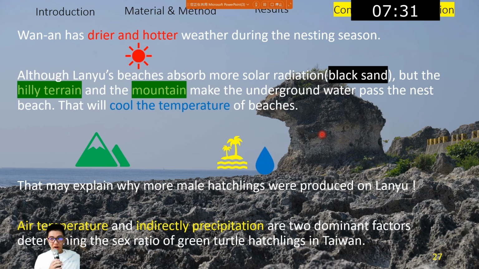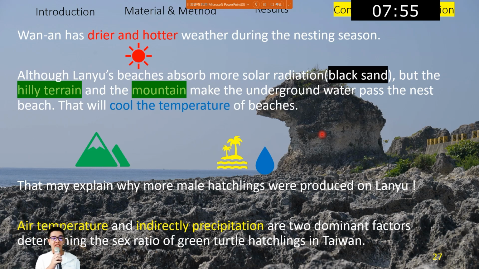The terrain will make the underground water not have time to soak into the soil. So it will run through the nest beach and go to the sea directly. So it will be close to the surface. It can cool down the temperature inside the nest. So that may explain why more male hatchlings were produced on Lanyu.